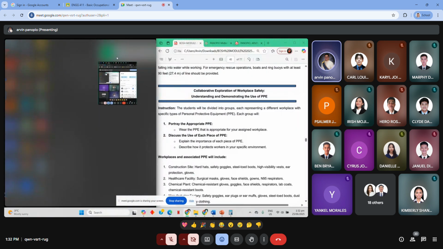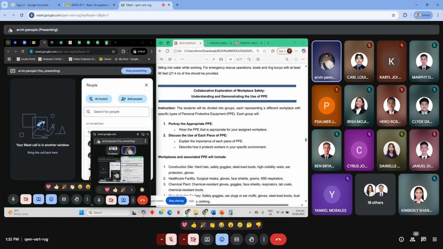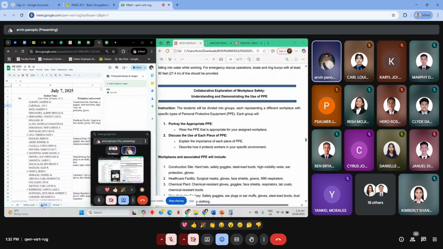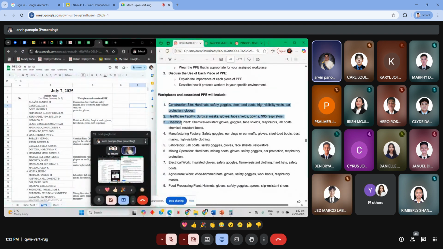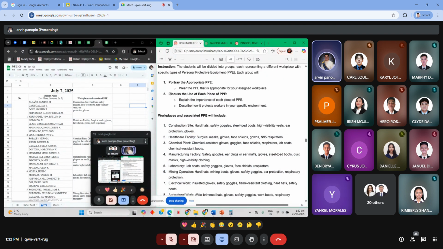So you need to portray the appropriate PPE. You need to wear the PPE based on these workplaces. We have 9 groups, then isa lang po ang magsusuot. The other is magdi-discuss, i-explain ang importance ng bawat PPE and how it protects the workers in a specific environment.